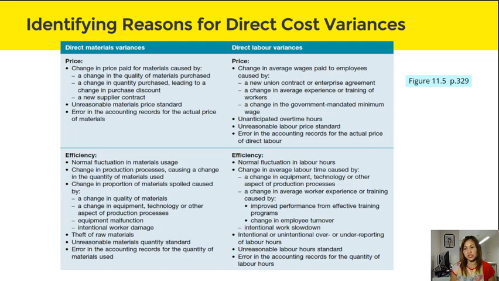So you need to review your standard, whether you set it correctly, whether you need to increase or lower the standard price. Another potential reason is, of course, an error in the accounting records for the actual price of materials. For efficiency in direct material variance, it can be normal fluctuation in materials use, or a change in the quality of materials. I'll leave the rest for you to have a look.